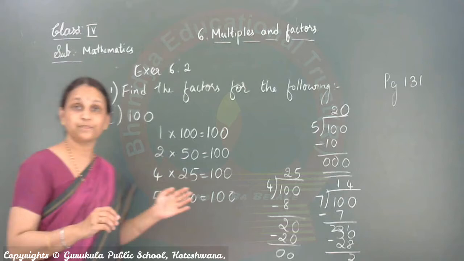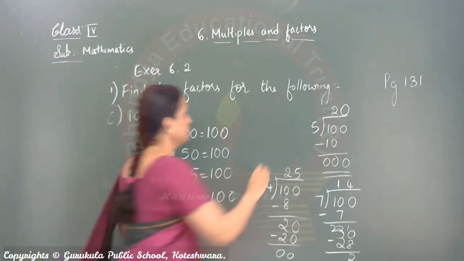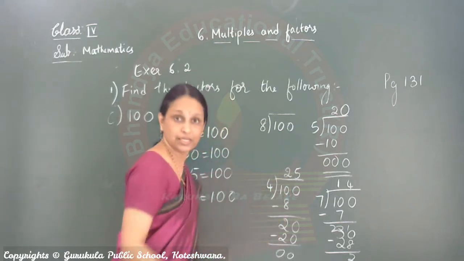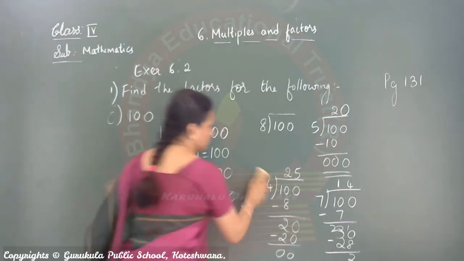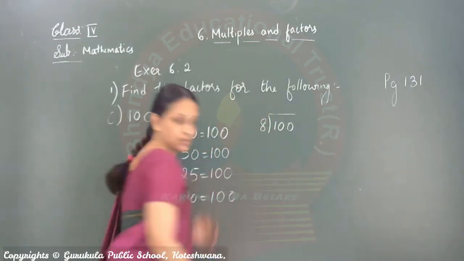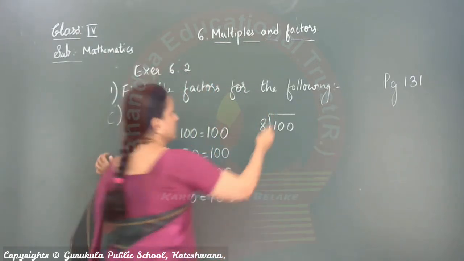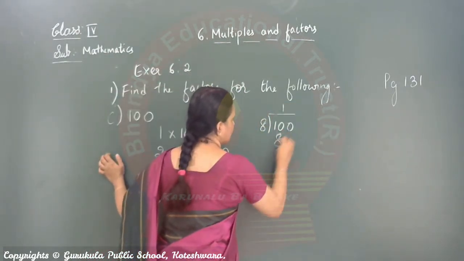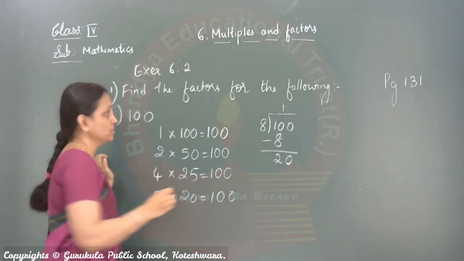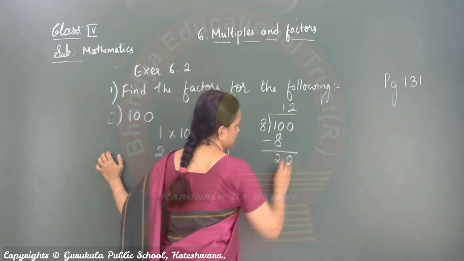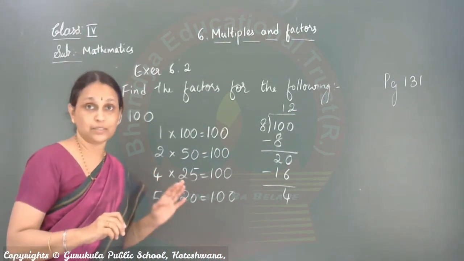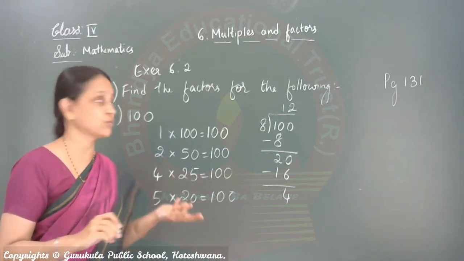Is it there in 8 ones? Just check. You have to check by dividing every number. 8 ones are 8, 2 is the remainder, 20 you get down. Of course you can divide but there will be remainder. 4 is the remainder. So you can't by 8. By 9 you can't, of course.